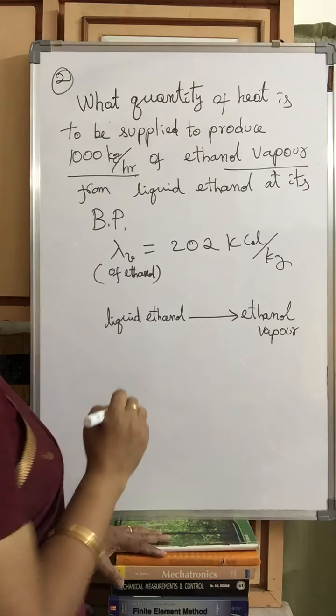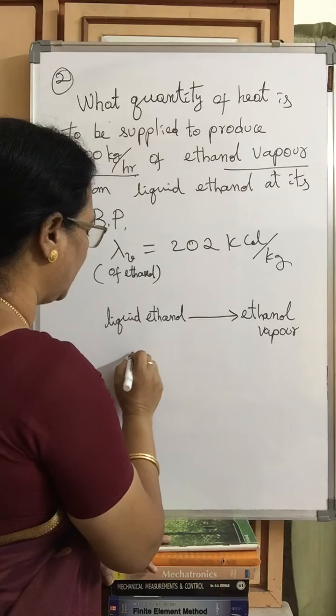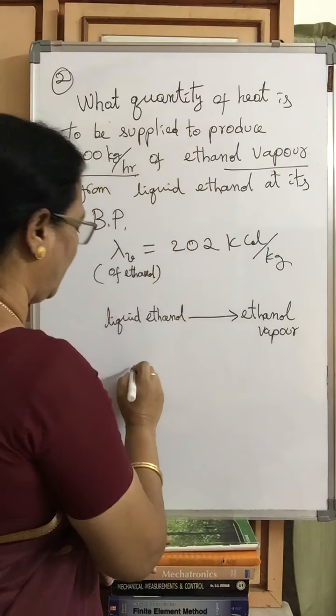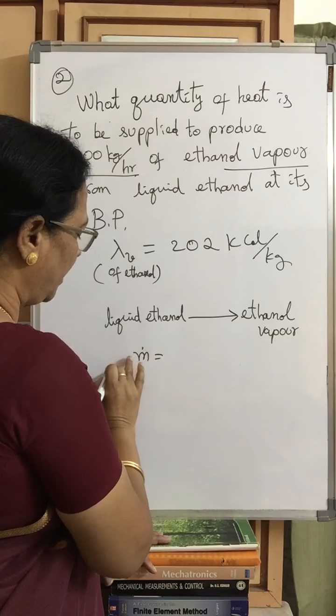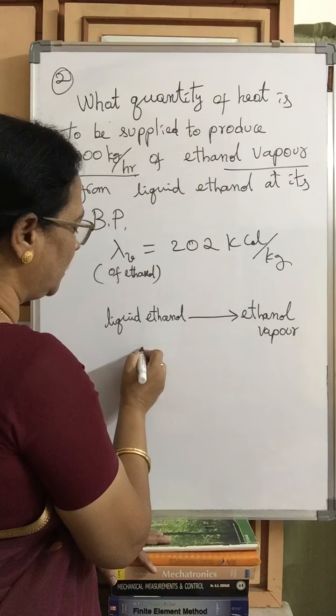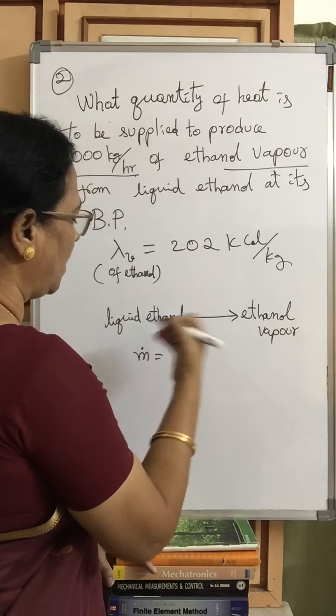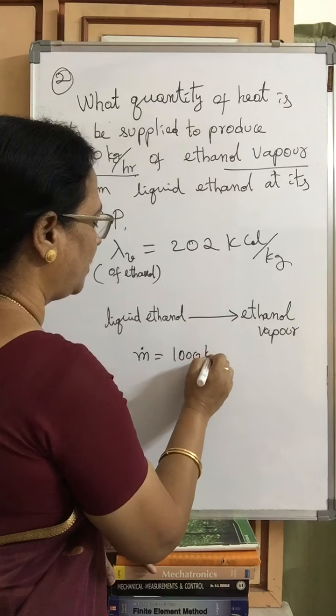That is the problem. So what is the flow rate here? This is kg per hour, so you can say m dot. I already explained in the previous classes, if it is per hour, we use m dot here. That is the mass flow rate, here 1000 kg per hour.